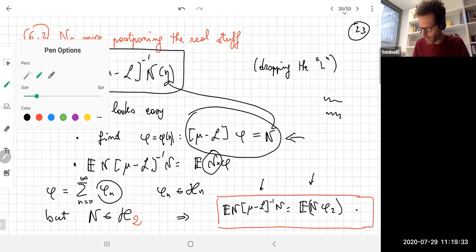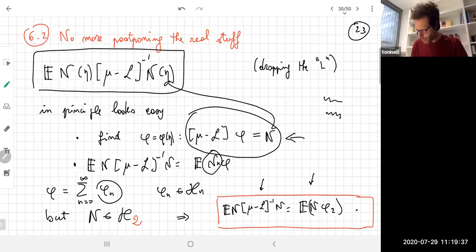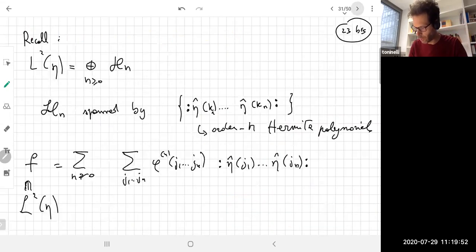Green, yeah, good idea, thanks. Okay, yes, so this equation here actually is not one equation. If you want, it's an infinite set of equations if you project it on the different chaoses Hn. So let's see how it looks.